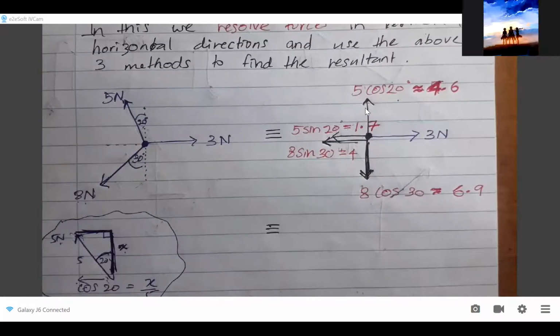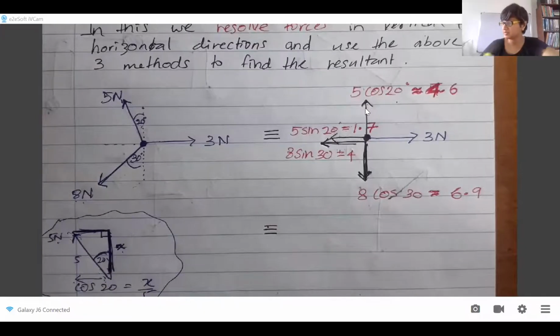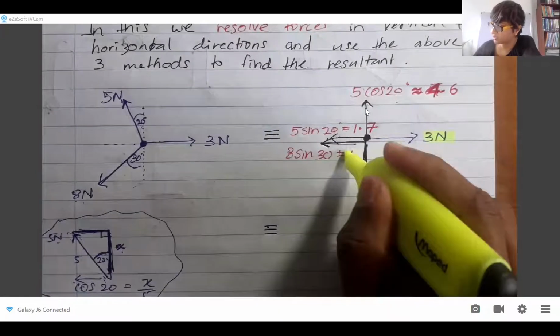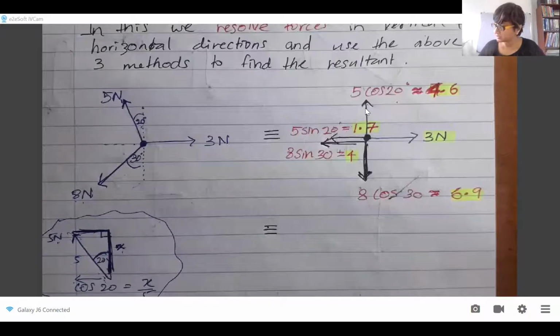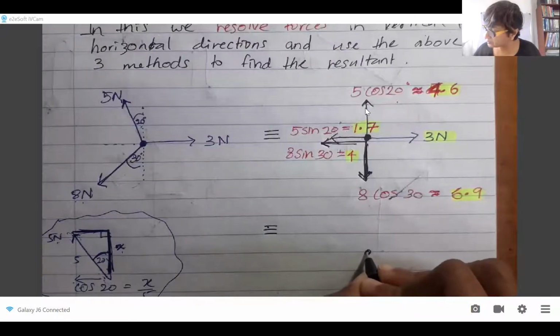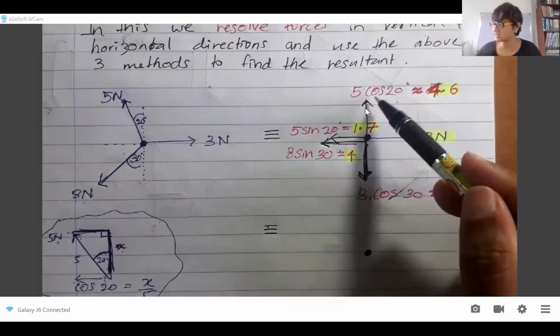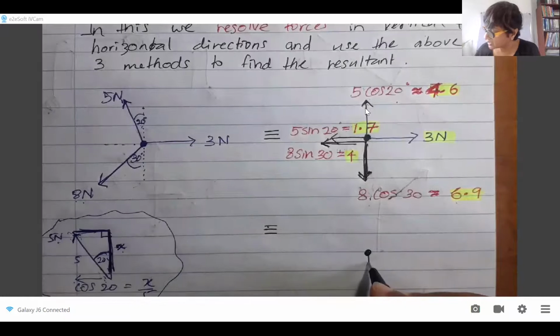Okay. Now, let's just focus on these numbers. I had the 3 N original, 6.9 here, 4 here, 1.7 here. Okay, here's my object. If you combine the vertical ones, these two are opposite. 4.6, 6.9, I get something this way.